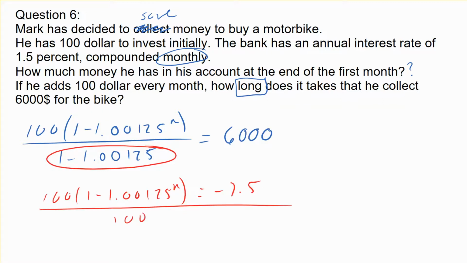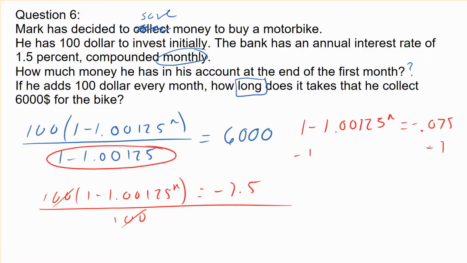Divide by the 100 right here. So I have 1 minus 1.00125 to the n equals negative 0.075.